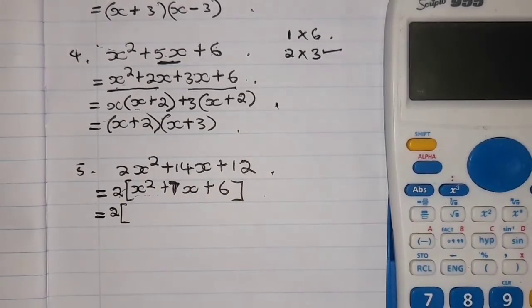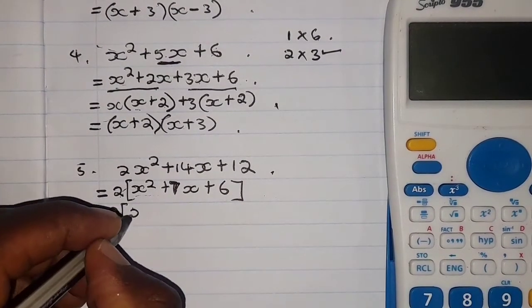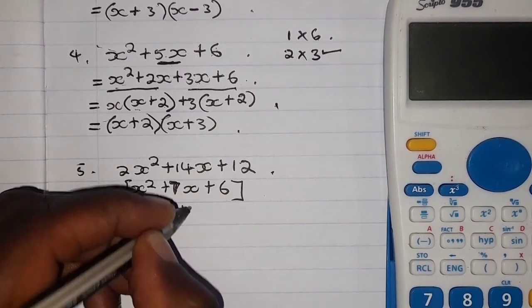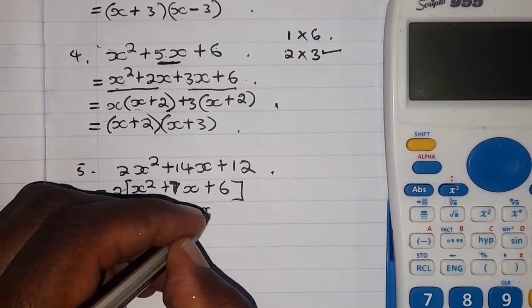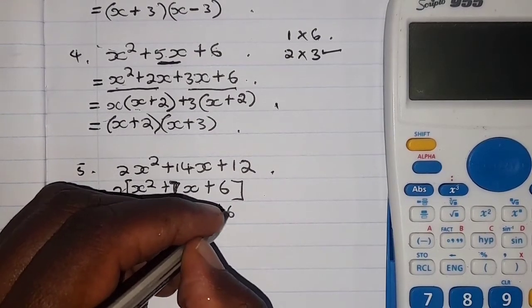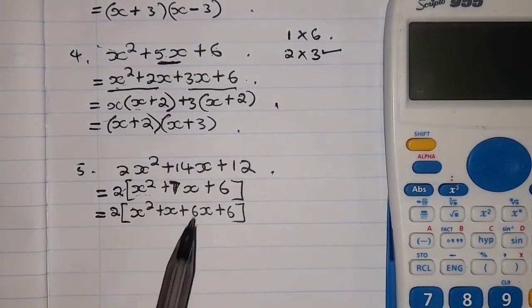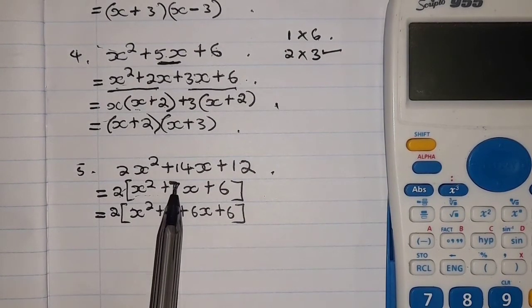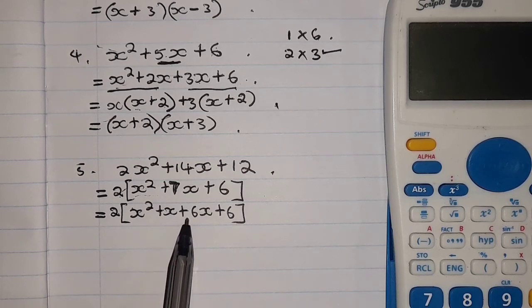It's 1 and 6. So we can rewrite this one as x squared plus x plus 6x plus 6. All right. This expression is exactly the same as the previous one, just that we've rewritten this 7x as 1x plus 6x.